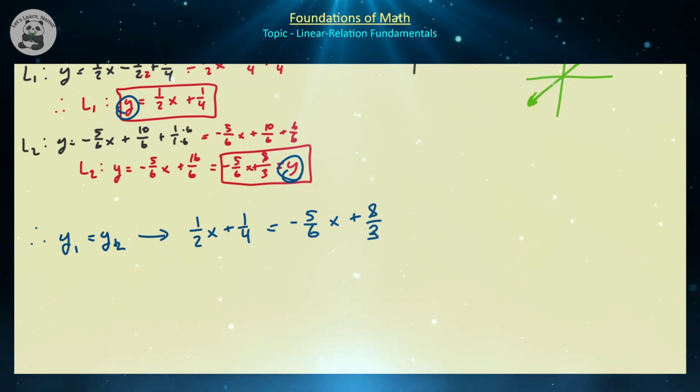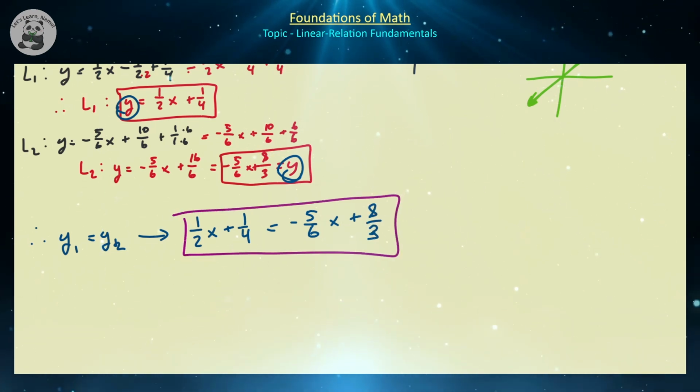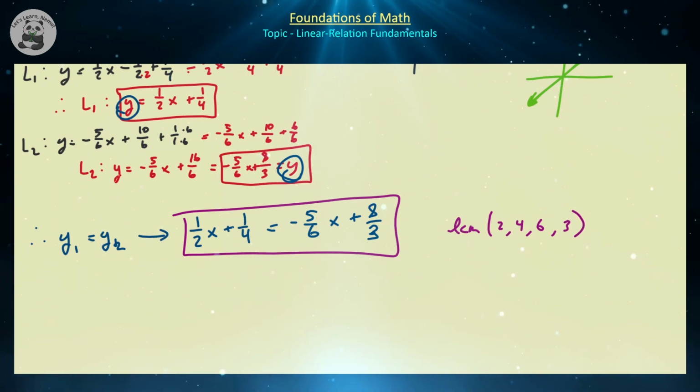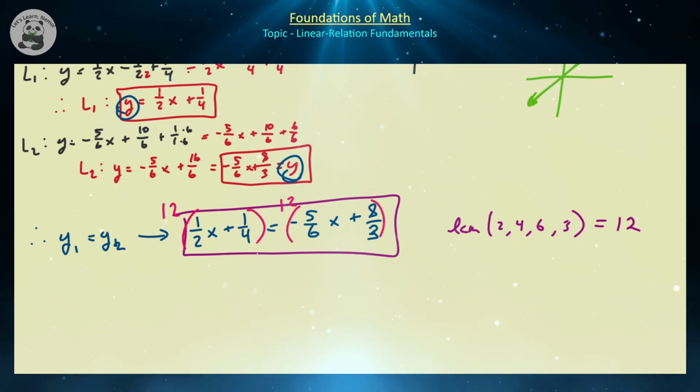So to solve this linear equation, I'm going to multiply both sides by the least common multiple of 2, 4, 6, and 3. What is the least number that 2, 4, 6, and 3 all divide into? You should know that that is going to be 12. So I'm going to multiply both sides of this equation by 12, and that's going to give us what? 12 divided by 2 is going to give us 6. 12 divided by 4 is going to give us 3.